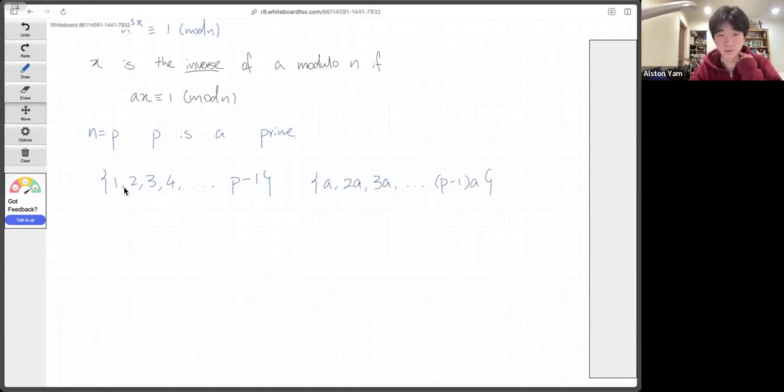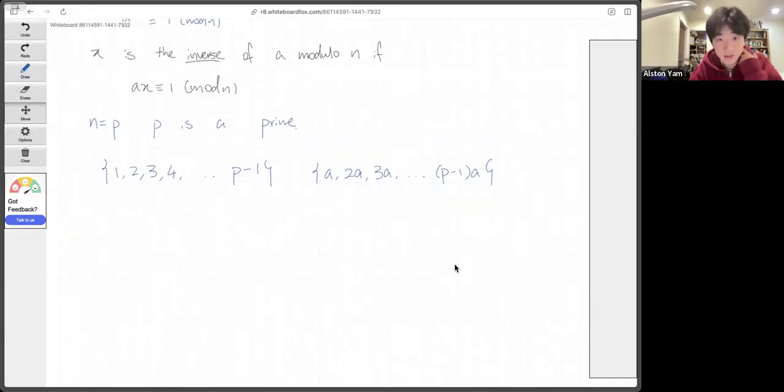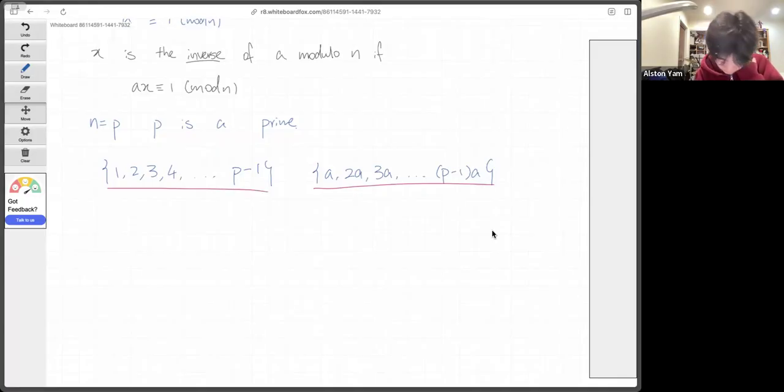One is just 1, 2, 3, 4, all the way to p minus 1, and the other one is all of these numbers multiplied by a, where a is our number before. The key claim I'll make is that this second set is a permutation of the first set.